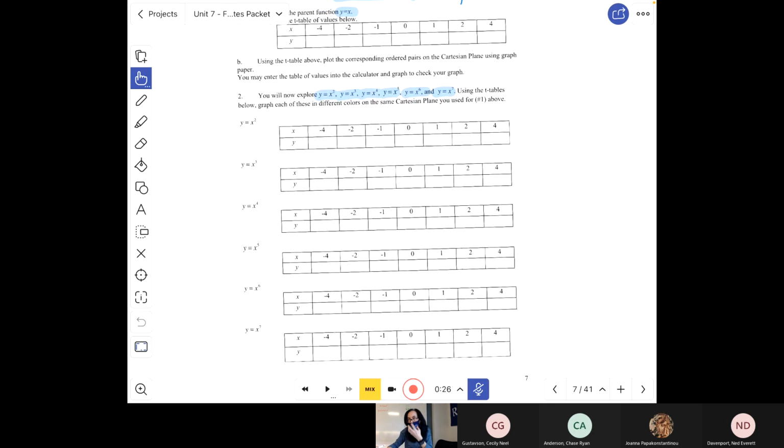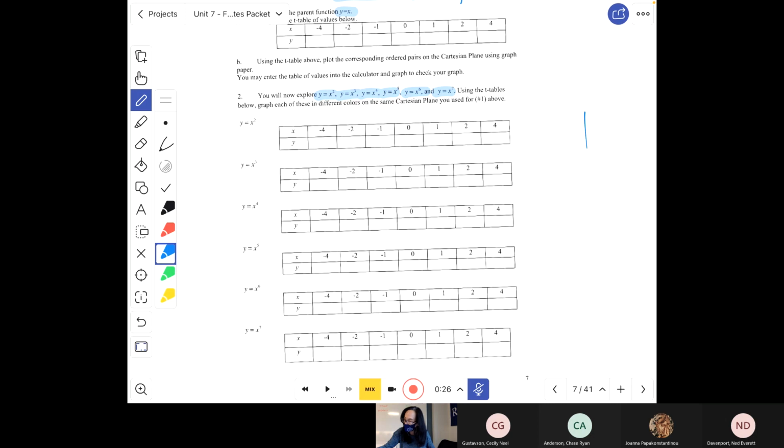But I want you to notice what is shared among these tables of values. So you're investigating the tables of values, maybe looking at some stationary points, points that don't really change as we increase the powers of x. And then I'd like you to do a quick little sketch for each of these, as you do it on Desmos. See what they look like, because I want you to recognize something.